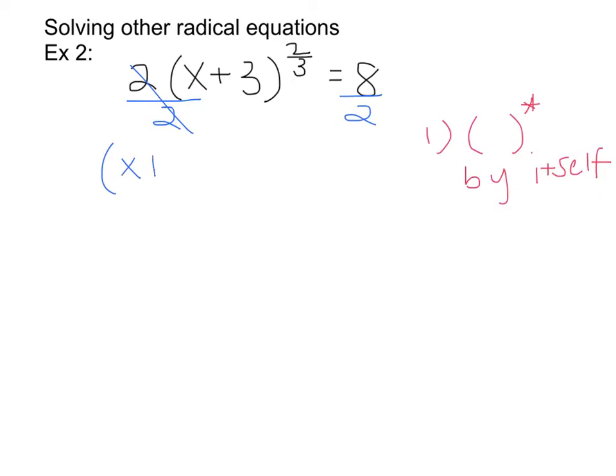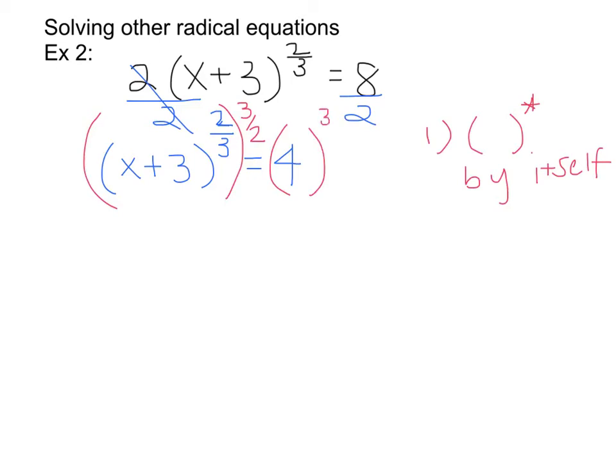So I get x plus 3 to the 2/3 power equals 4. Now, to get rid of 2/3, we just multiply by the reciprocal. Whatever you do to the left side, you also do to the right side. So 2 on the top, 2 on the bottom, 3 on the top, 3 on the bottom makes that cancel out. So on the left side, we just have x plus 3.